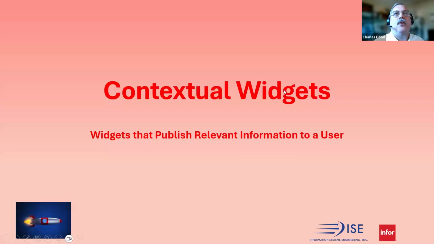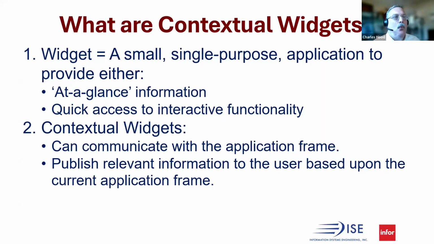Okay, contextual widgets are widgets that publish relevant information to a user. A widget is a small single-purpose application. It either gives you at-a-glance data or information, or it gives you quick access to interactive functionality. And then there are contextual widgets that communicate with the main application frame in Infor OS, and they can publish relevant information to the user based upon what the user is seeing and doing in the application frame.